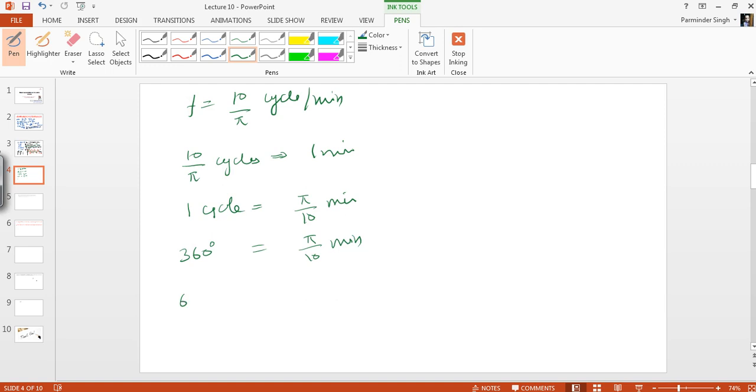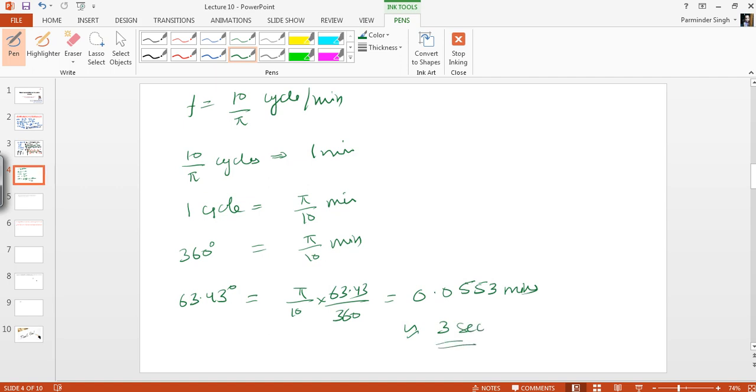How much time will 63.43 degrees take? That will be pi by 10 into 63.43 divided by 360, which comes out to be 0.0553 minutes, which is approximately equal to 3 seconds.